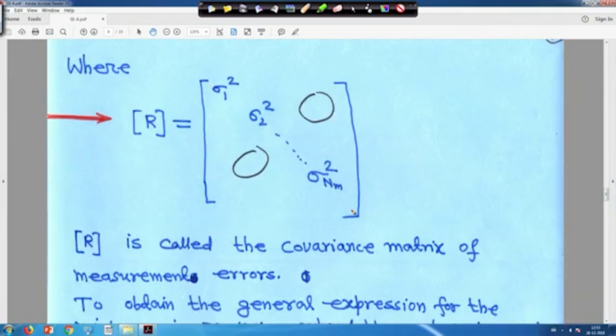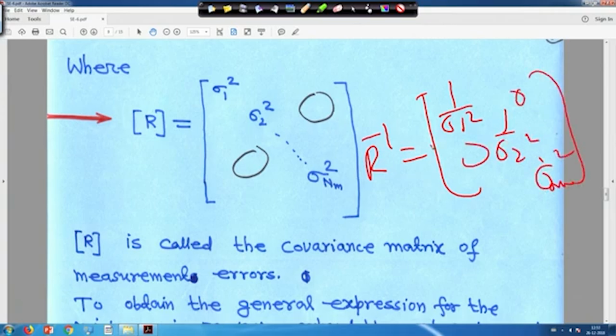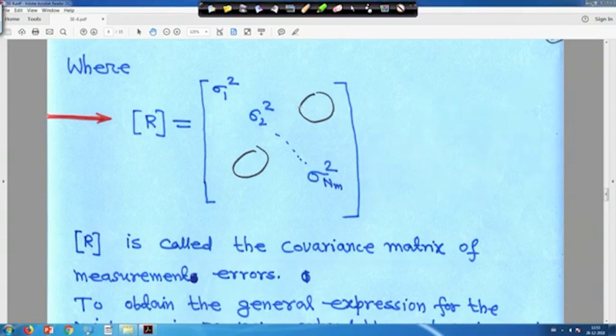So we are writing R inverse as 1 upon sigma 1 square, 1 upon sigma 2 square up to sigma n m square, with zeros elsewhere. So R is called the covariance matrix of measurement error, right. Here we have taken it like this.